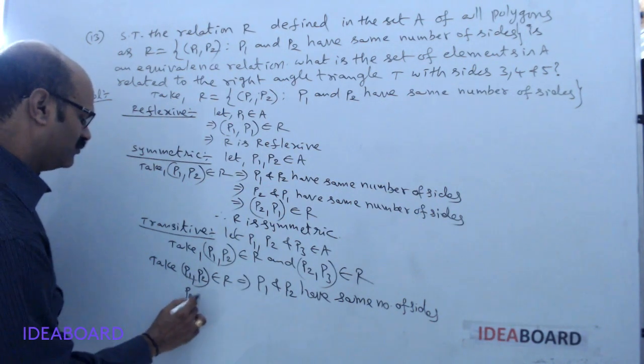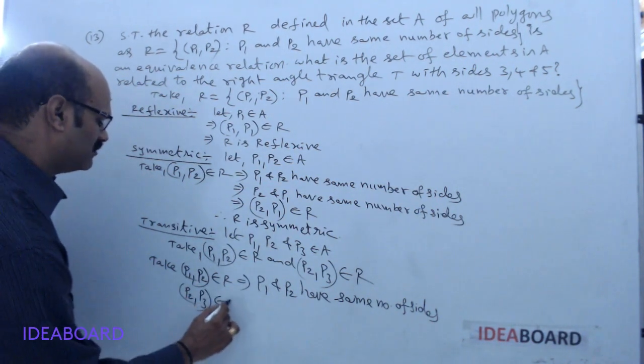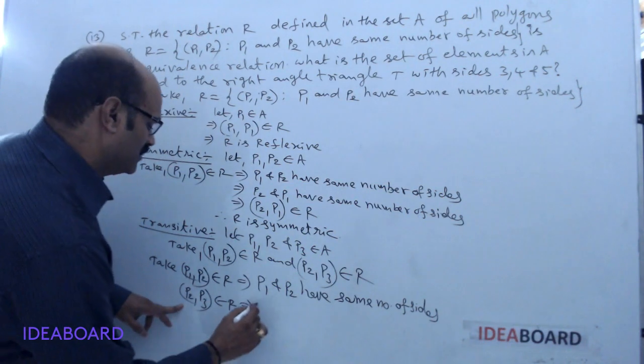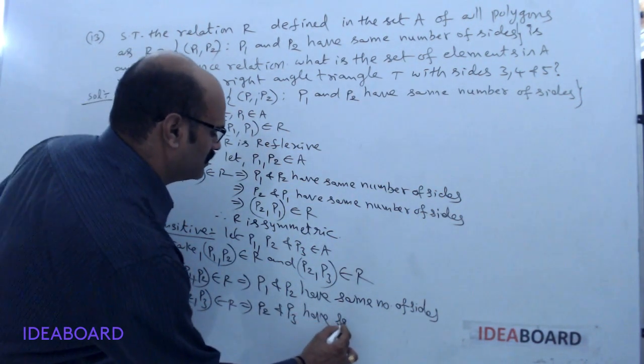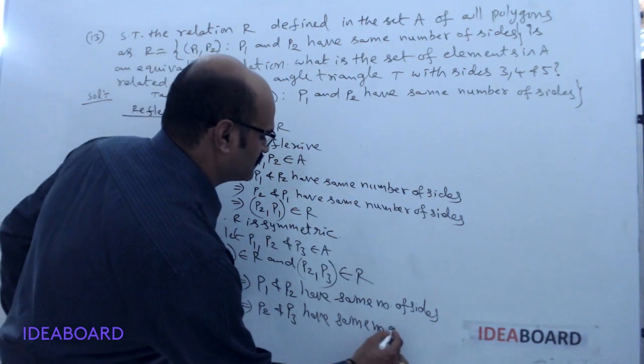Next, take P2 comma P3 belongs to R implies P2 and P3 have same number of sides.